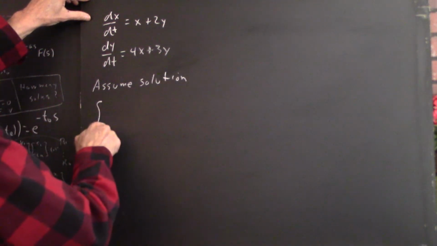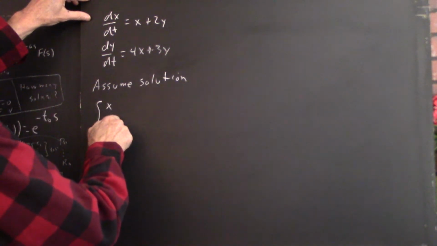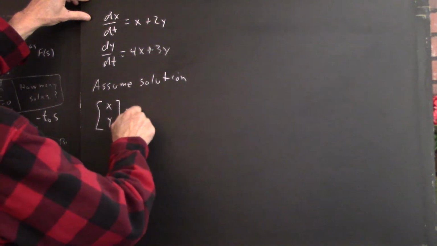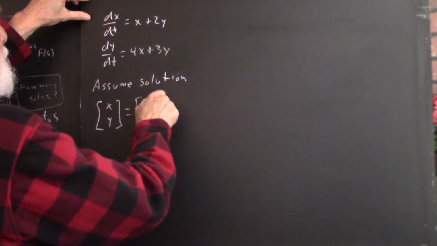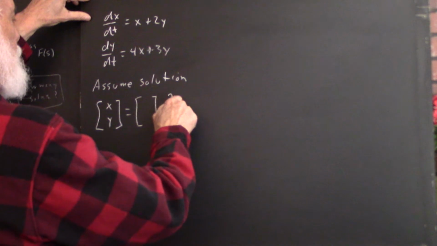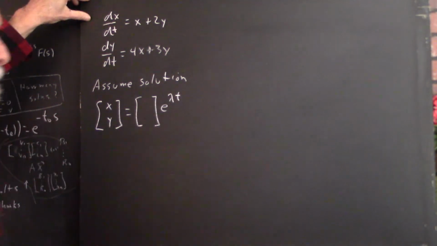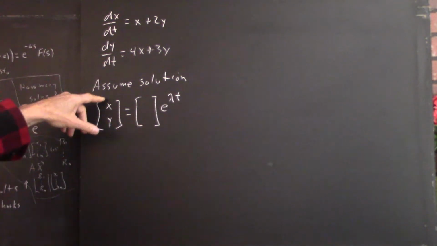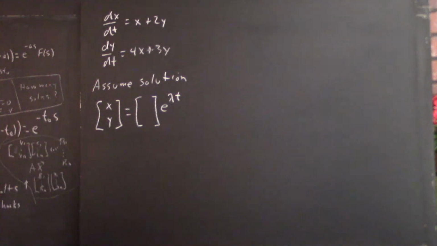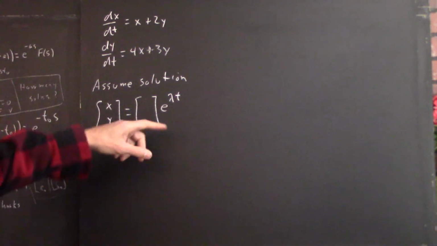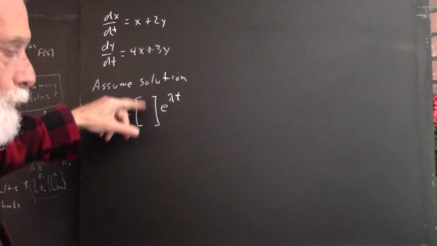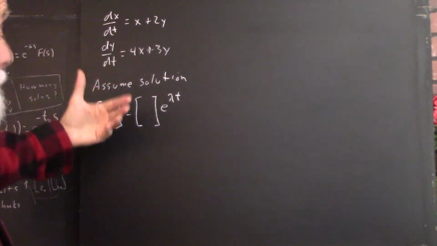We're going to assume a solution x, y equals some constant times e to the lambda t. Now, in this case, xy is a vector, and your constant is also going to be a vector because, of course, you've got to get two rows in this matrix.